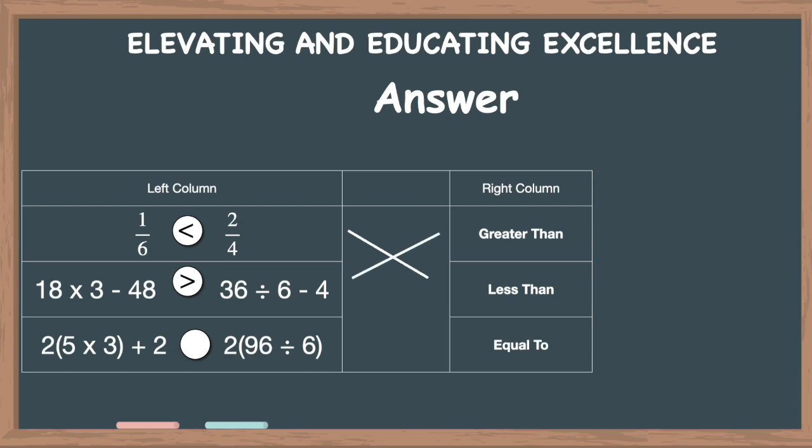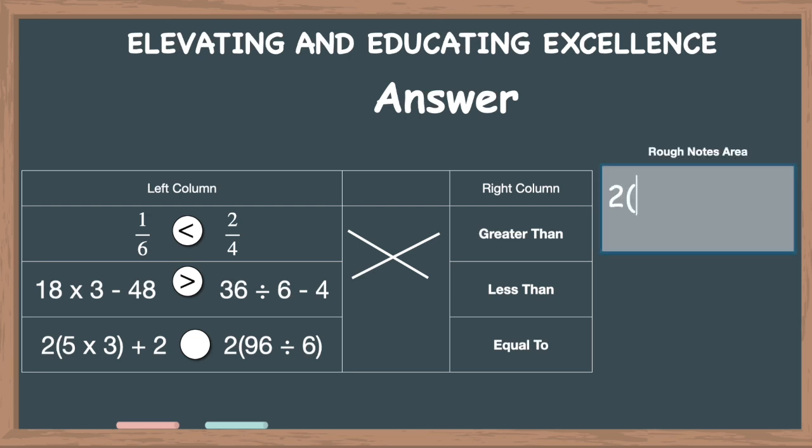We're going to do the last row, and let's draw a rough box. In that rough box, we're going to write 2, open bracket, 5 times 3, close bracket, plus 2, which equals 32. Let's draw a rough box.